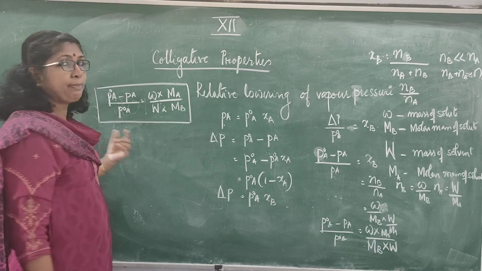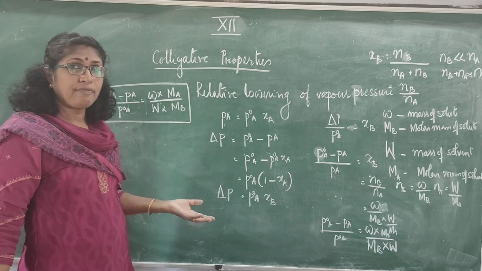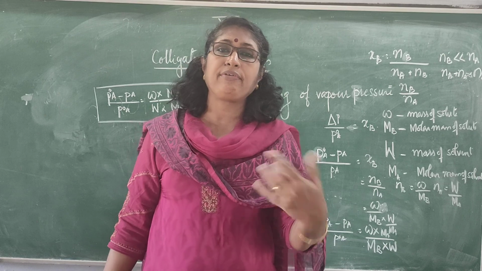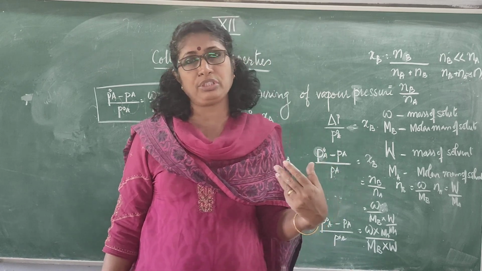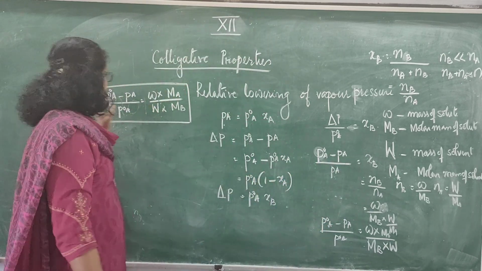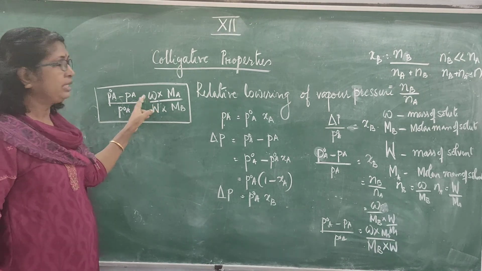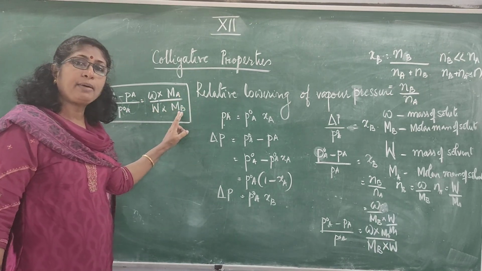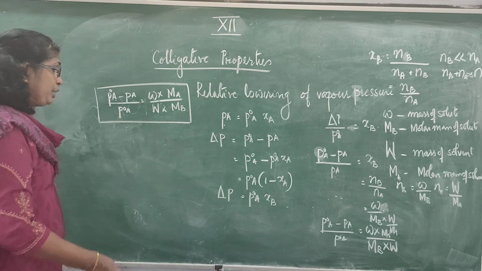You can find out the vapor pressure of the pure solvent, and after dissolving the non-volatile solute, you can find out the vapor pressure of the solution. So with P naught A and PA you can find out. If you know all these quantities, you can calculate MB, the molar mass of the unknown solute.